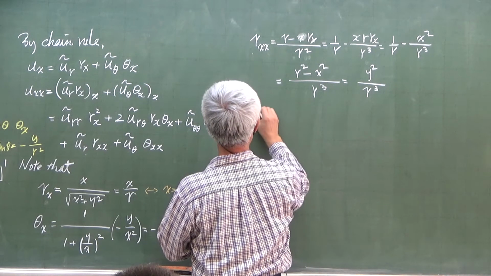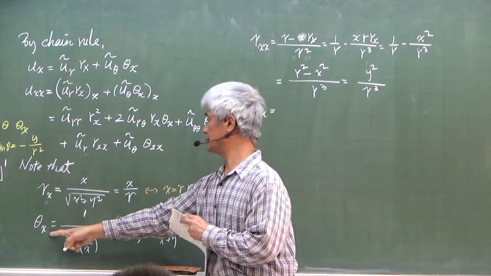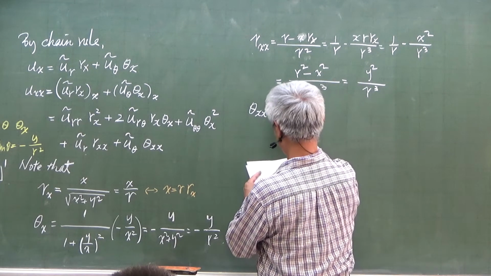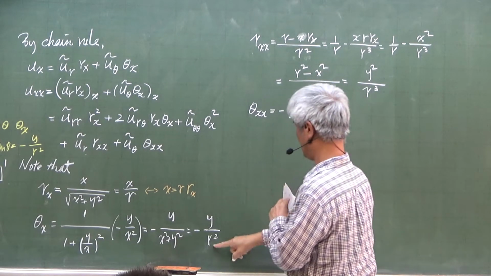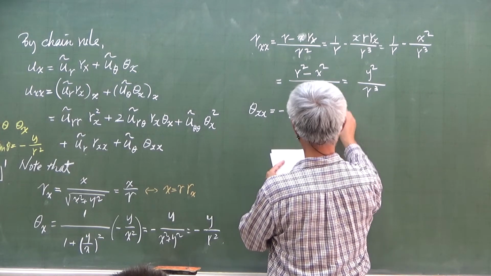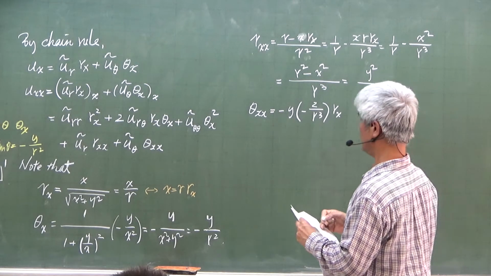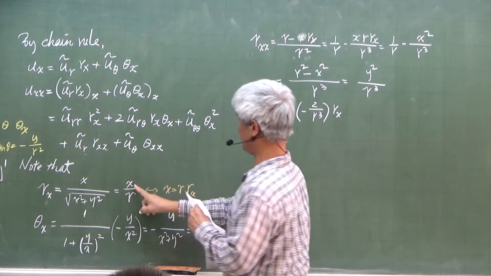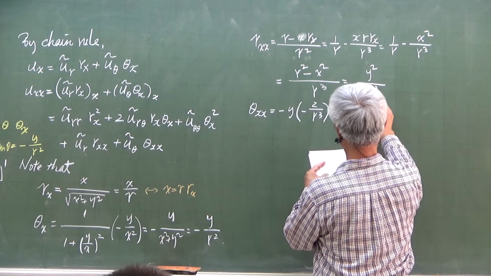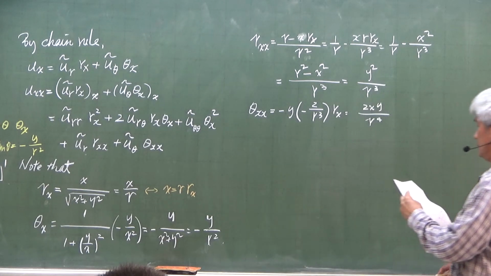Alright, how about theta xx? Theta xx is this one, so theta xx is minus y, and this is minus 2 over r cubed and r x. Okay, and once again r x is x divided by r, so this becomes 2xy over r to the fourth power.